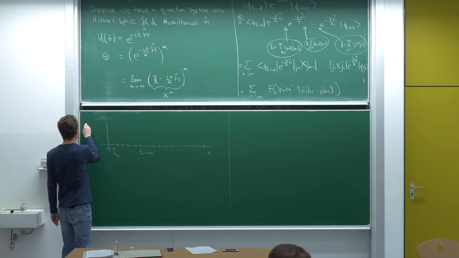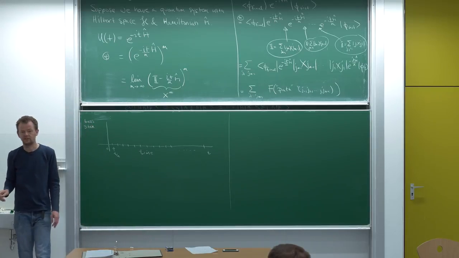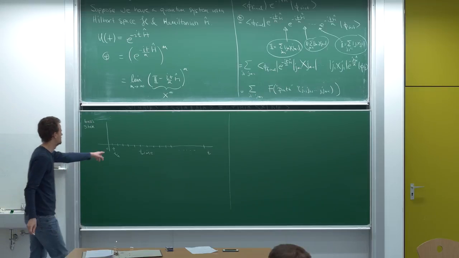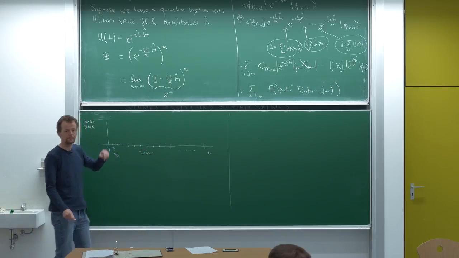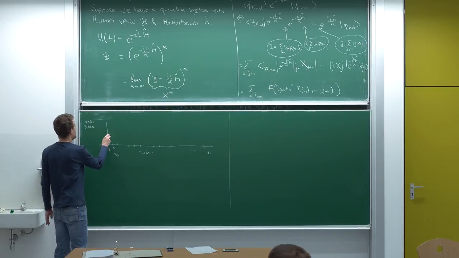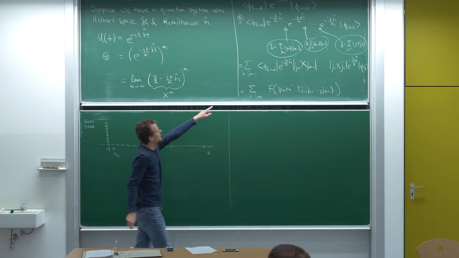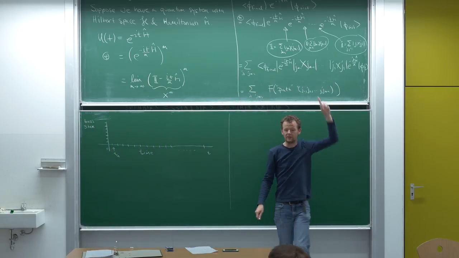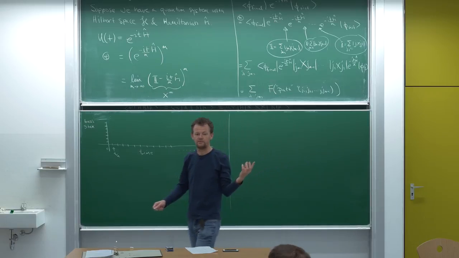And on the y-axis, I'm going to plot the basis state that the system found itself in at time j t over m. The picture you should have in mind is something like this. We have a sequence of j values. Each of these j's is a basis vector.